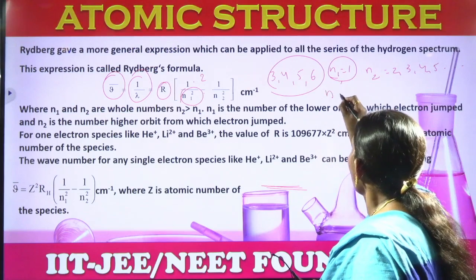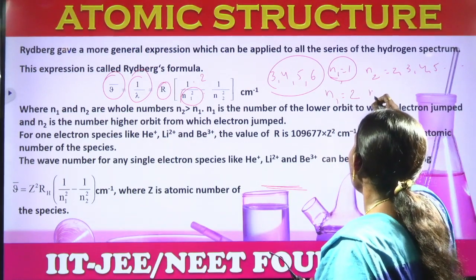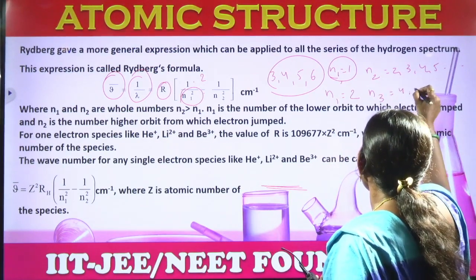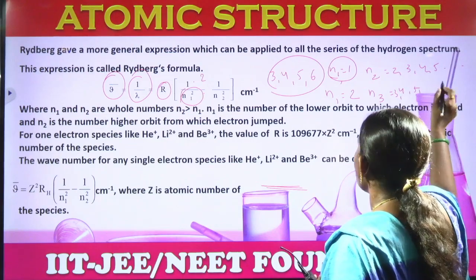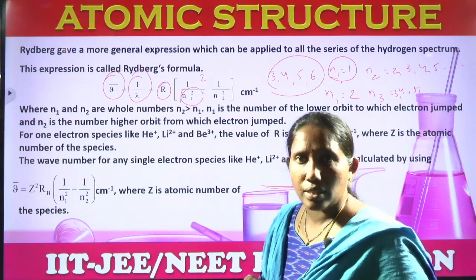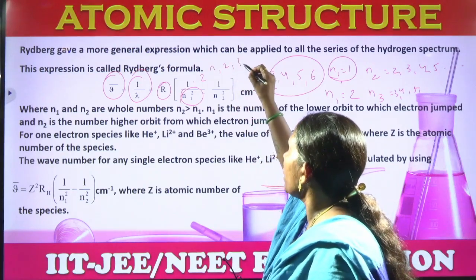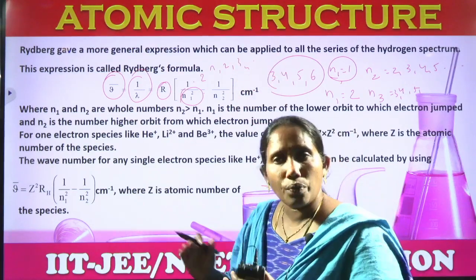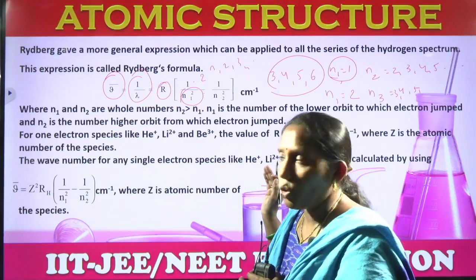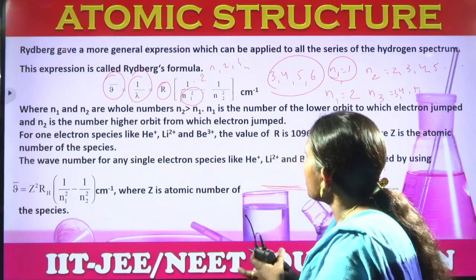When n1 is 2, then n2 value can be 3, 4, 5, 6 and so on. This is the Balmer series. So when we take n1 value as 1, 2, 3, 4, the remaining n2 value will be above that. Okay, this is Rydberg's formula.